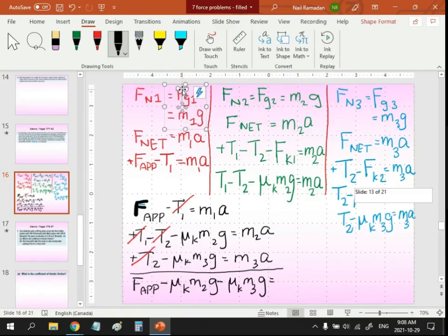What is this equal to? Do you care about the A or the numbers? Numbers. So literally, we just have to factor it out now. You can think of it as the full mass of the system times A. Do you see what I mean? The full mass, because the whole system is moving together at one acceleration. So feel free to write this. M1, welcome to factoring.